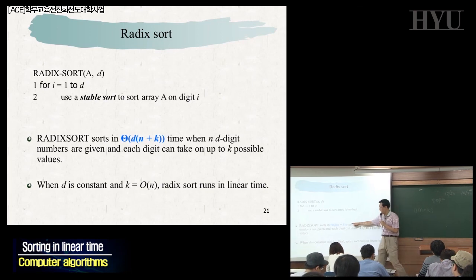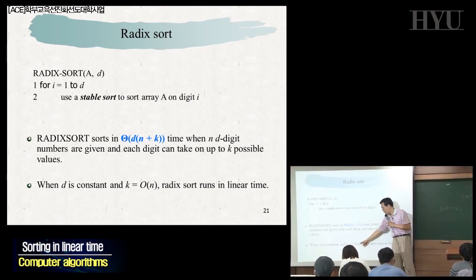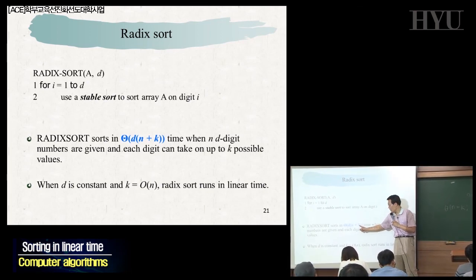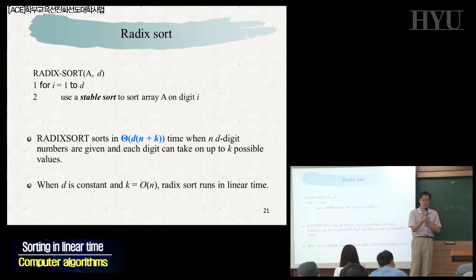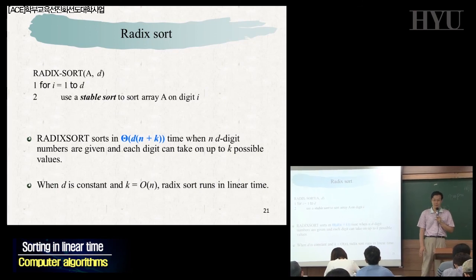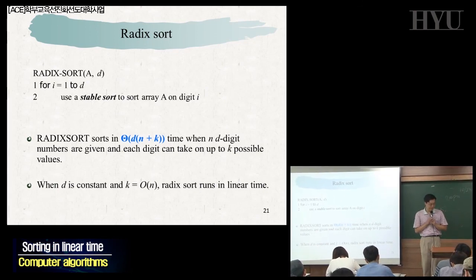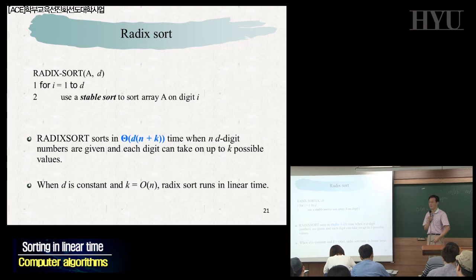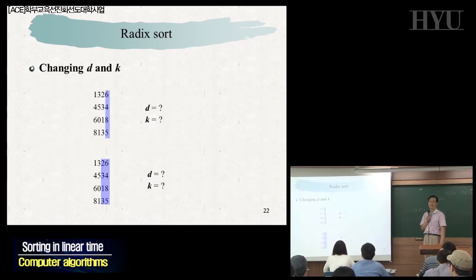So if k is big O of n, this becomes linear, and if d is constant, such as 3 or 5, then the running time of radix sort becomes theta of n.